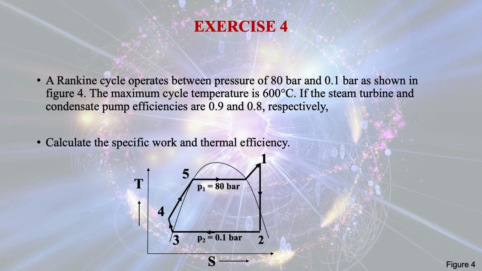For this problem, a Rankine cycle operates between pressures of 80 bar and 0.1 bar as shown in figure 4. The maximum cycle temperature is 600 degrees centigrade. If the steam turbine and condensate pump efficiencies are 0.9 and 0.8 respectively, calculate the specific work and thermal efficiency.